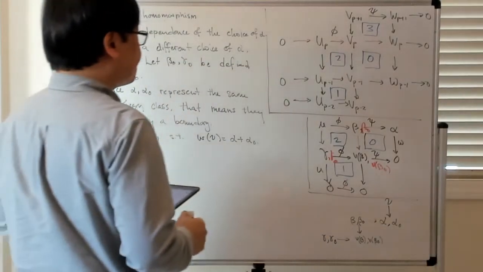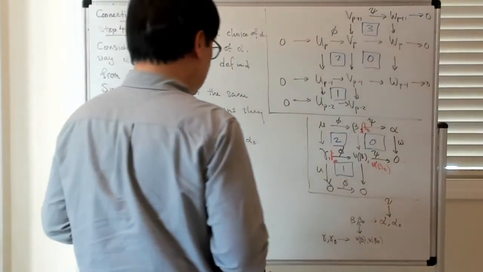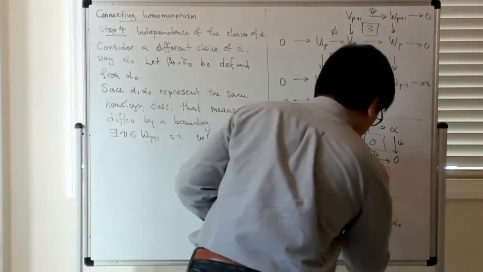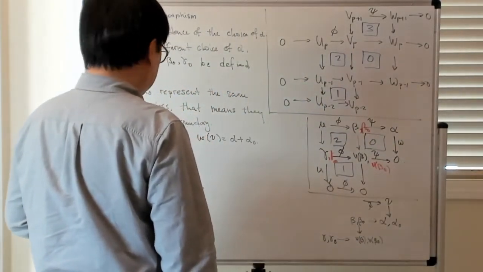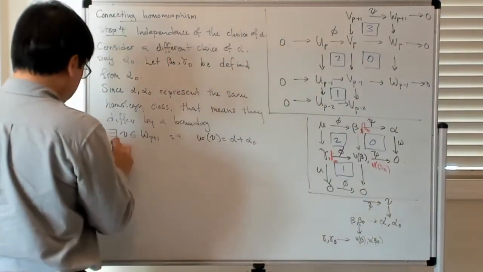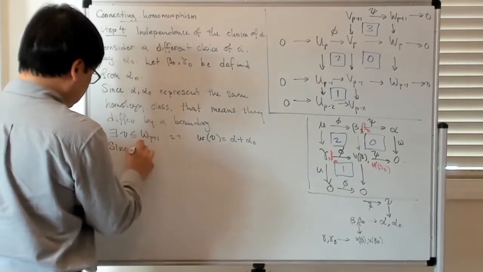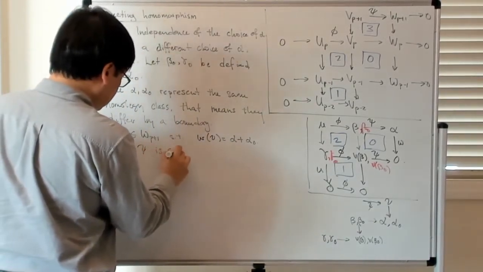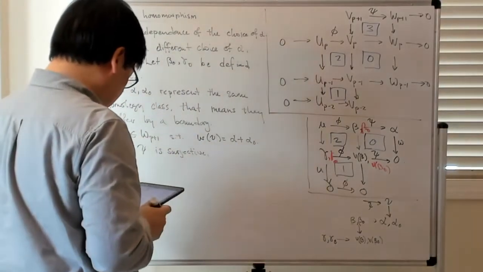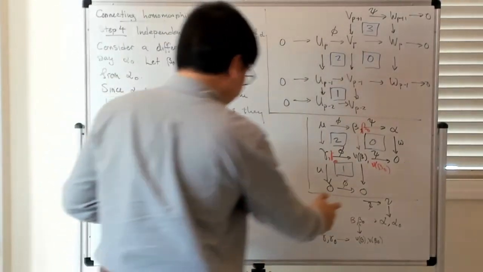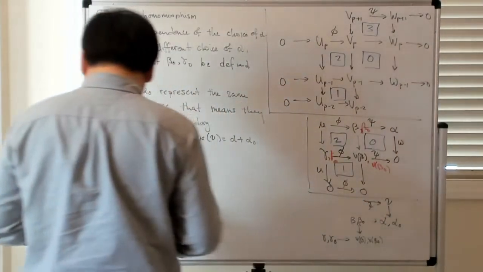And the point is that now this psi is surjective. There's a way to find something which maps to nu.